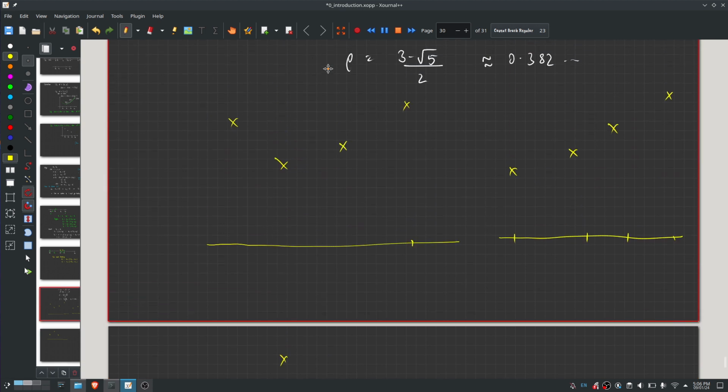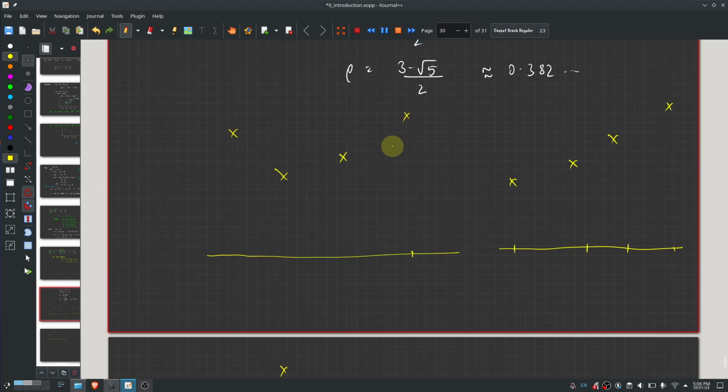In either of these cases, these three values are always increasing. So it's enough to just check one condition.